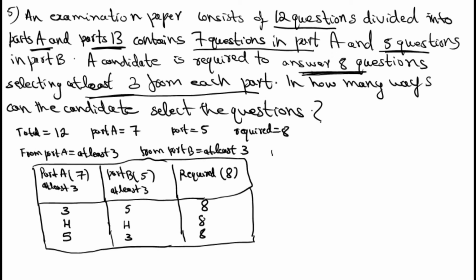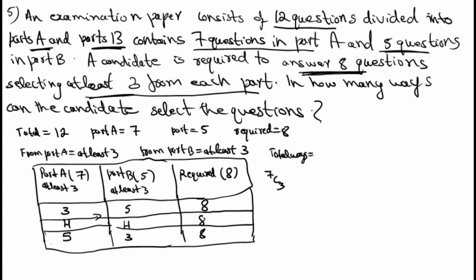So here I will write total ways is equal to, see, this is the first option, this is the second option, this is the third option. Take each case separately. Take the first case, that is, part A 7C3 into 5C5, okay, then the second case, that is the OR case, right?